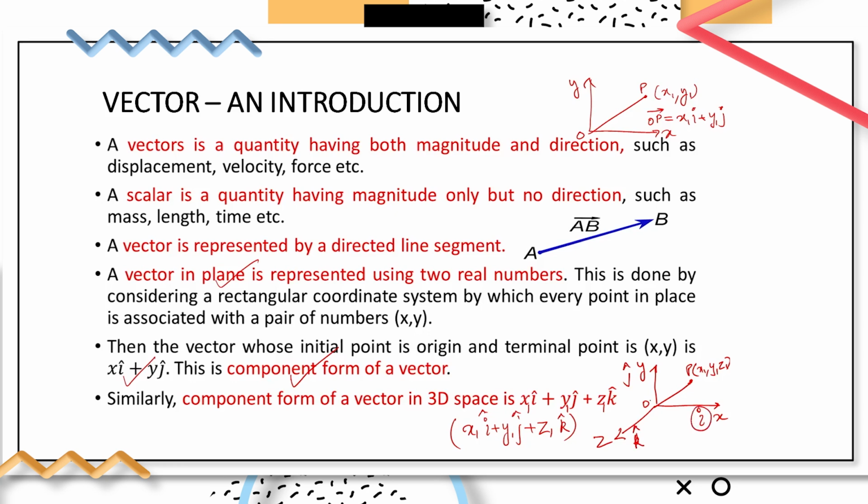We multiply these unit vectors by some scalar values, and we get the multiples of the unit vectors in that particular direction. What I mean to say you will be able to understand as the discussion proceeds.